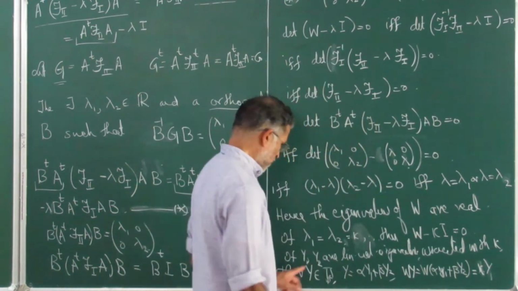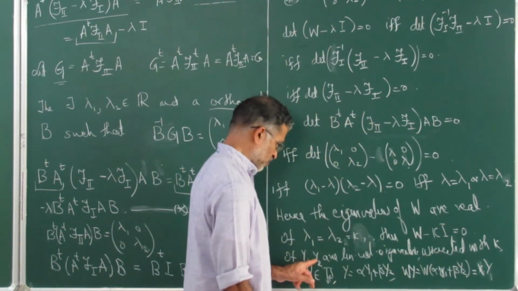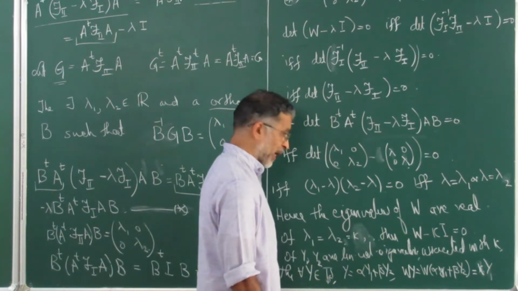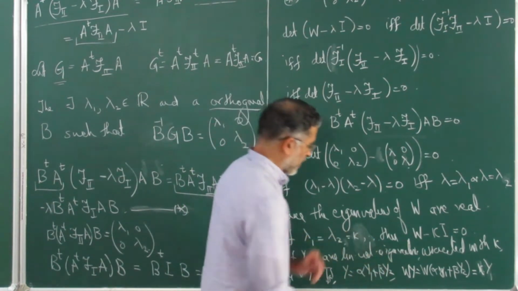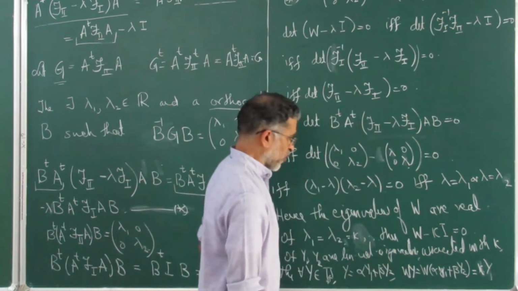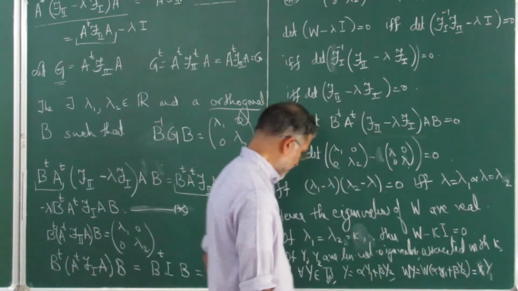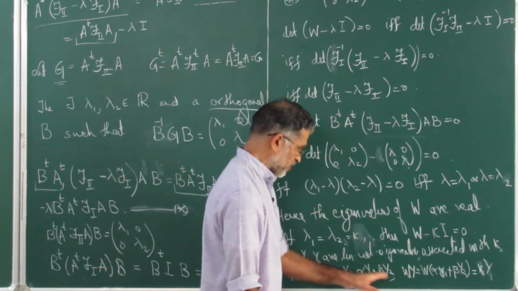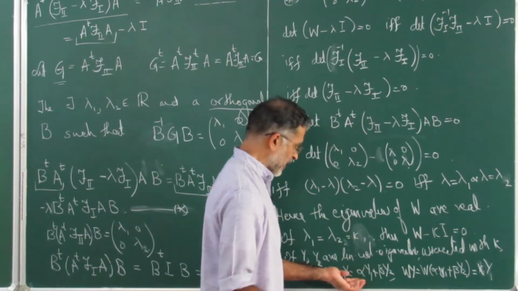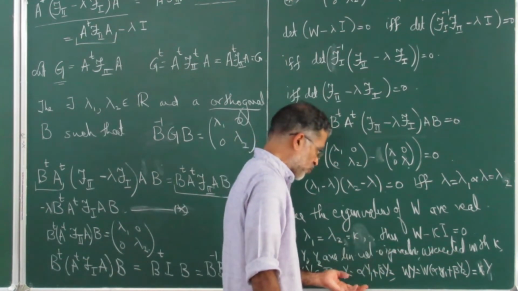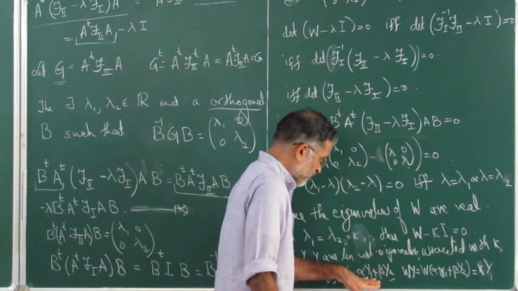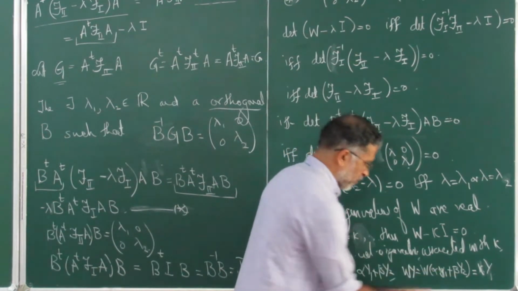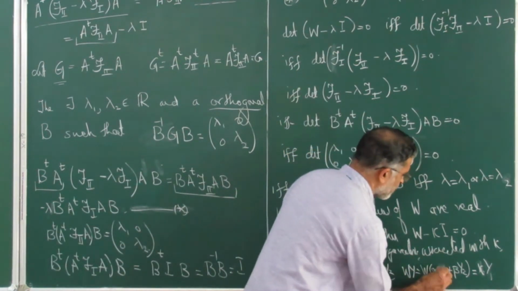Both of these are linearly independent eigenvectors associated with the eigenvalue. Then if you take any vector, you can write it as a linear combination of these, because this is a basis. Two linearly independent vectors will form a basis because it's a two-dimensional plane. So Wy is equal to W of alpha y1 plus beta y2, and what is that going to be?